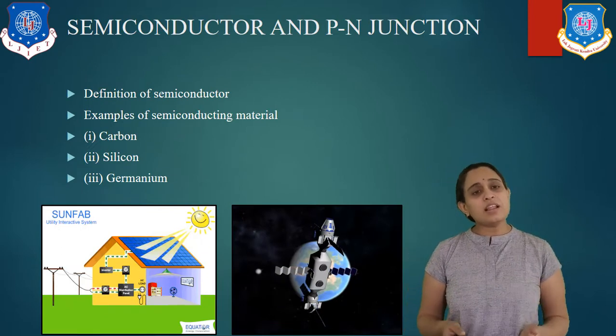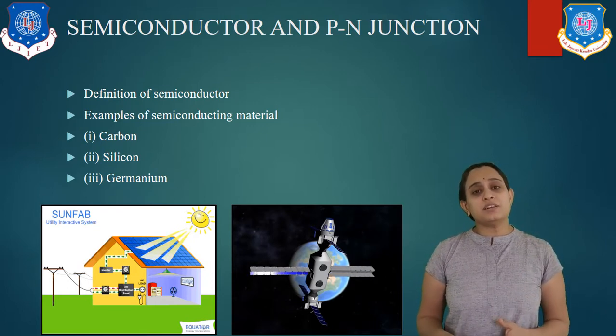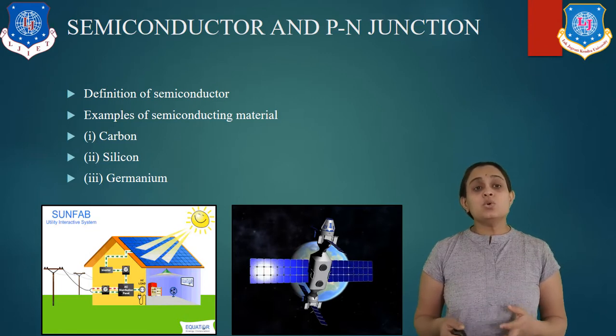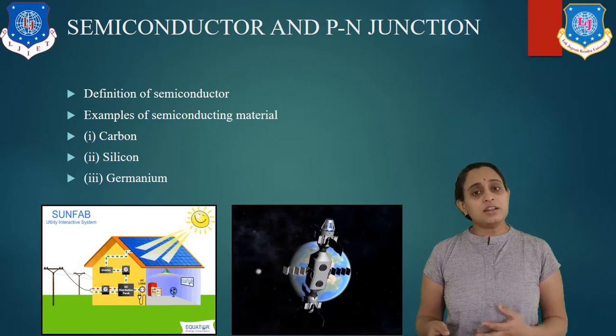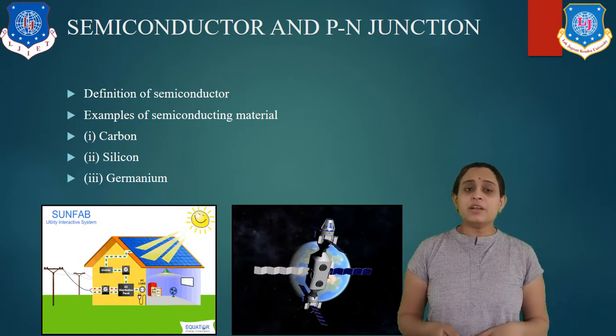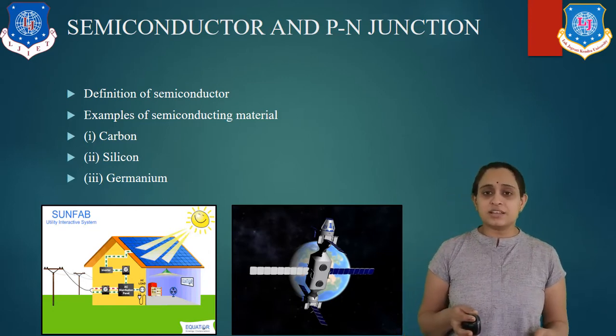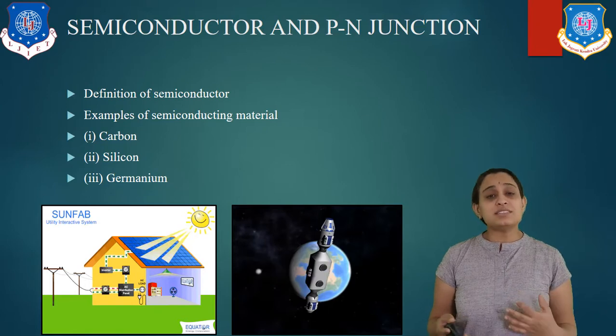Now, let us understand the semiconductor and PN junction. The definition of semiconductor is a substance whose electrical conductivity lies between the conductor and insulator. Now, what are the semiconductors?